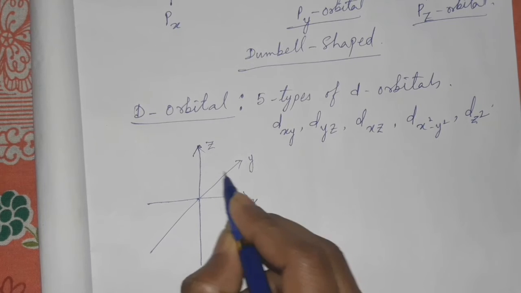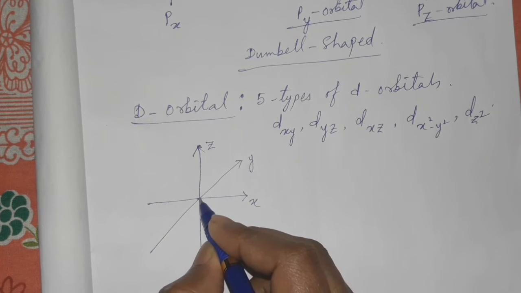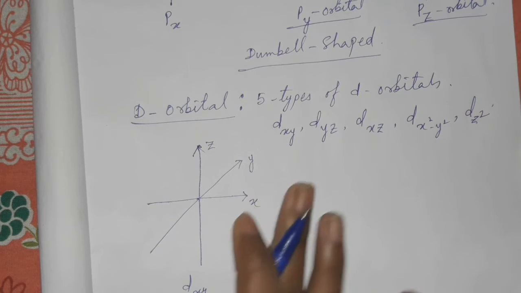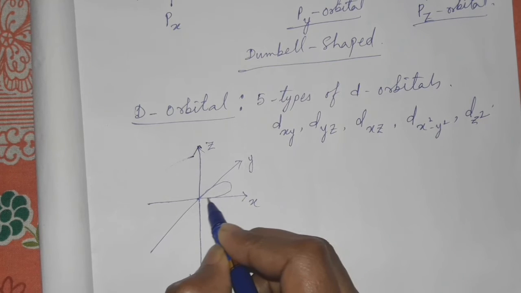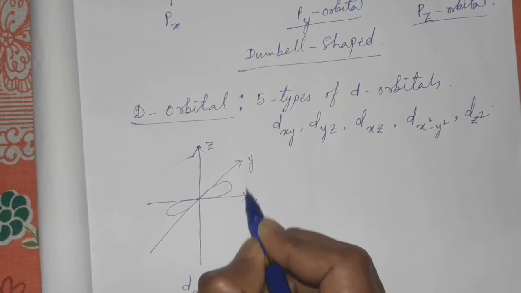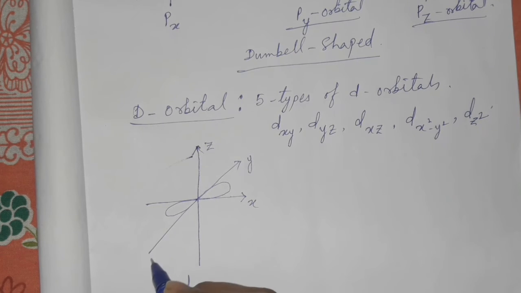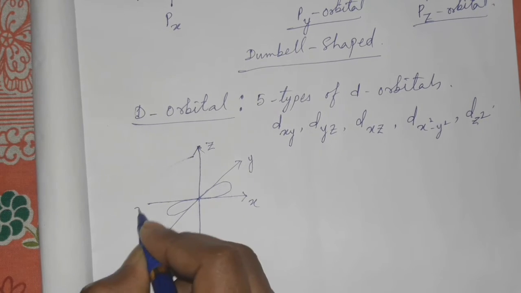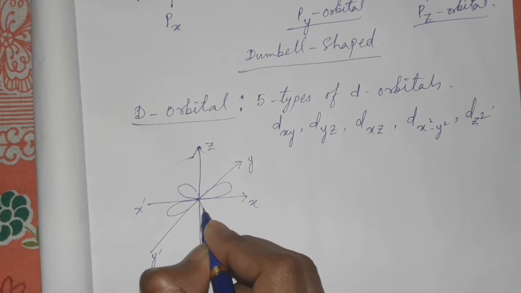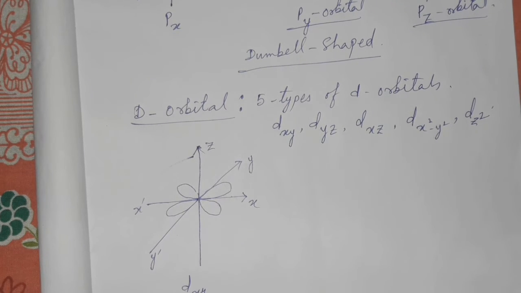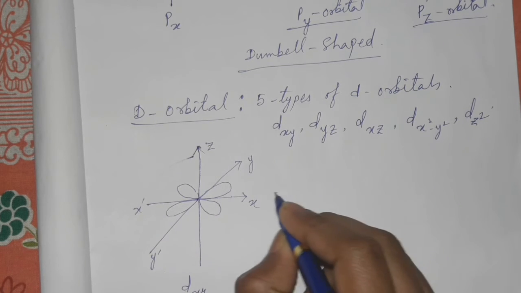So in between x and y, this is dxy now. That's why we'll draw the lobes in between x and y, but this will lie on the xy plane. We'll draw like this in between xy, and again here, also between y dash and x dash, we'll draw another one. This orbital is lying on the plane of the paper.